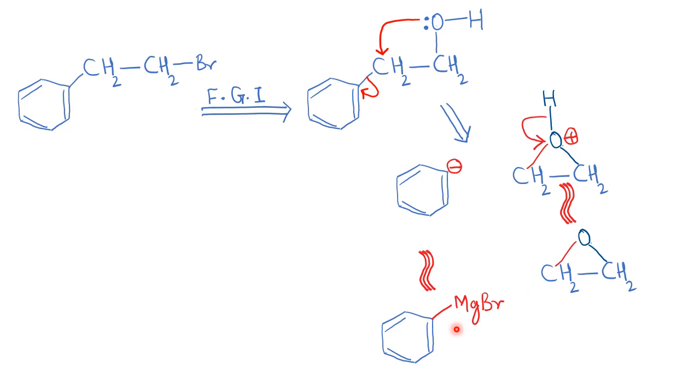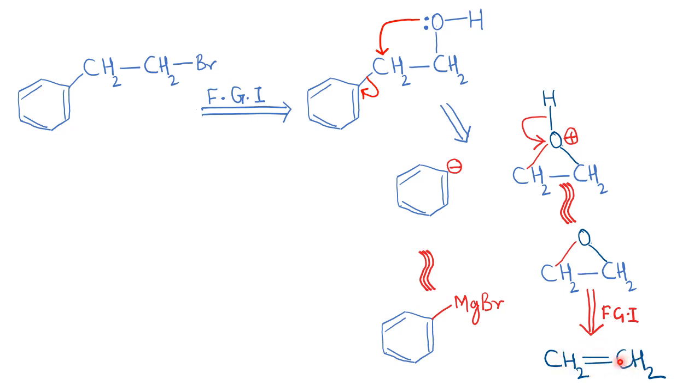So these are the two compounds which we can react to get our target molecule. And this particular oxygen, a three-membered ring, is also called an epoxide. It is obtained from alkene, corresponding alkene. So this is our final starting compound.